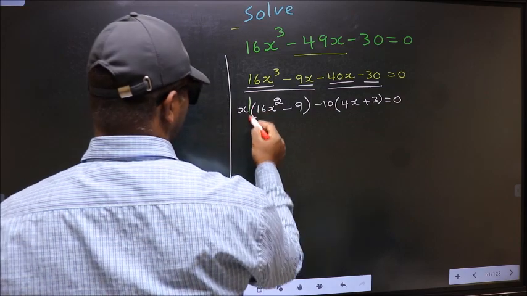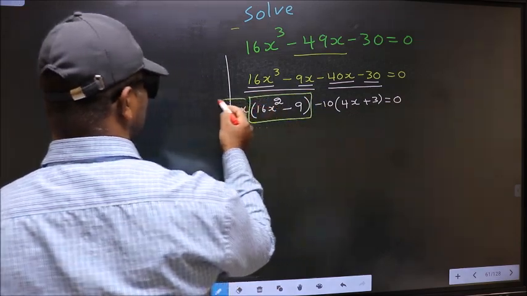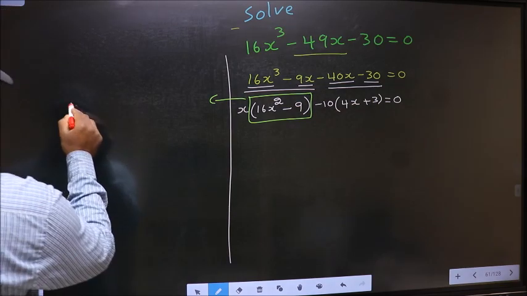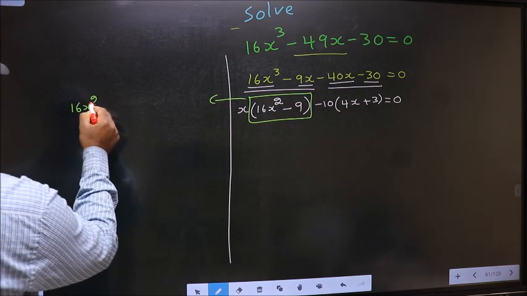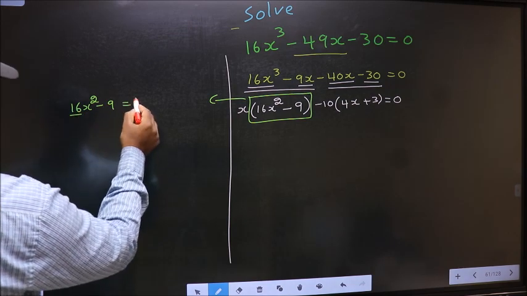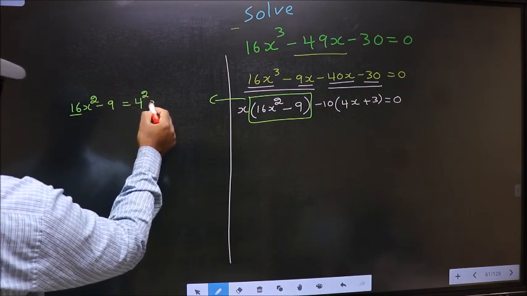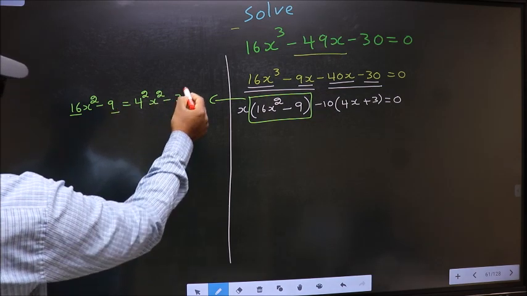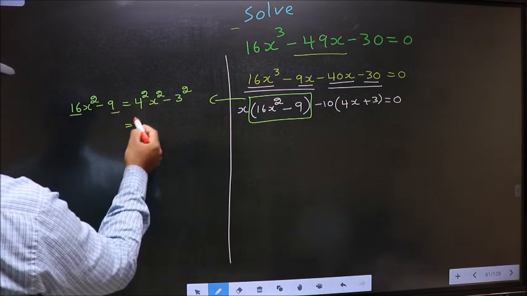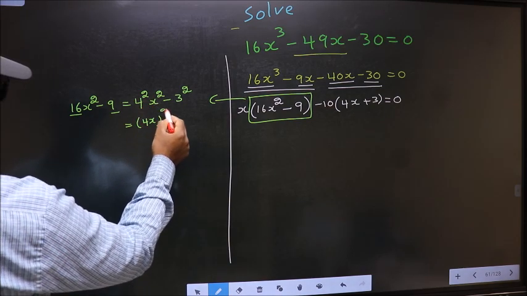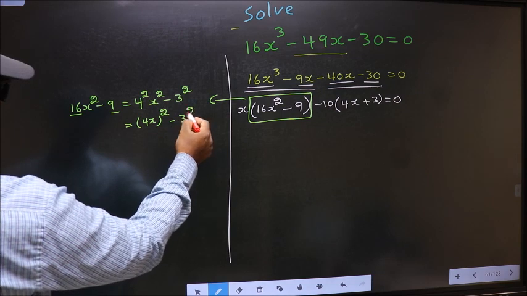Now this quadratic I will simplify here. That is 16x square minus 9 equal to, in place of 16, 4 square x square, minus, in place of 9, 3 square. Now 4 square x square is nothing but 4x whole square minus 3 square.